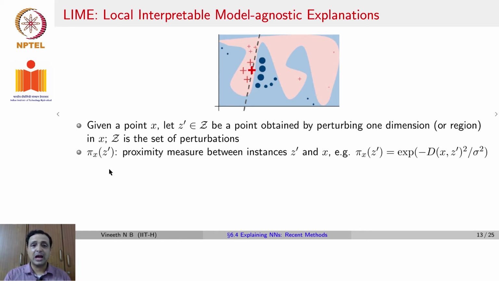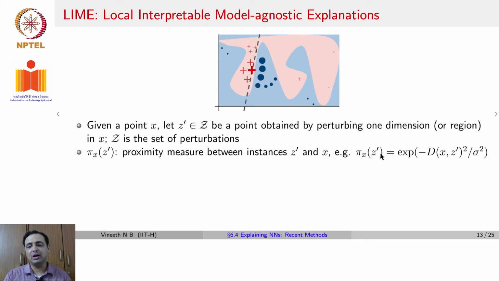Let's assume that we have some metric pi x of z prime, which is a proximity measure between instances z prime and x. For example, the distance between the non-bold plus and the bold plus is what we are going to refer to as pi x of z prime.